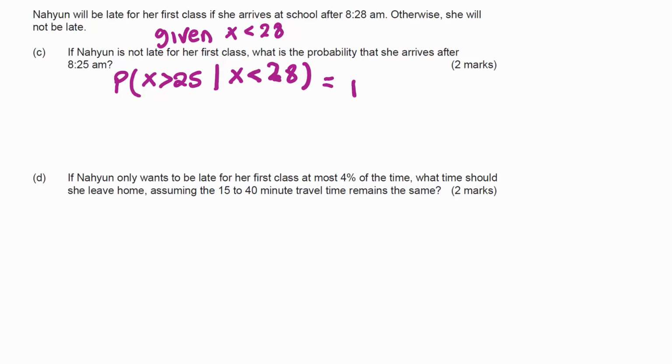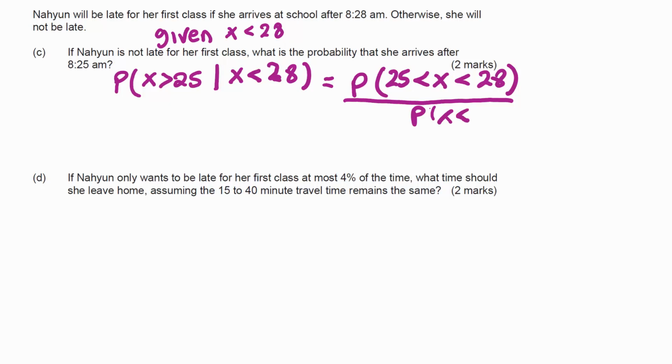Which is the probability of x being between 25 and 28 divided by the probability of x being less than 28.